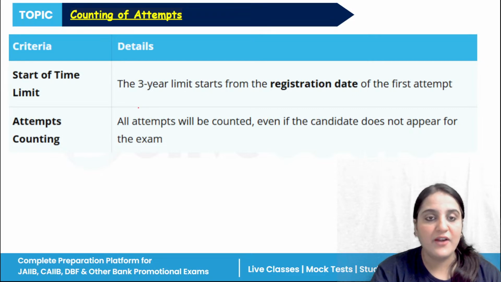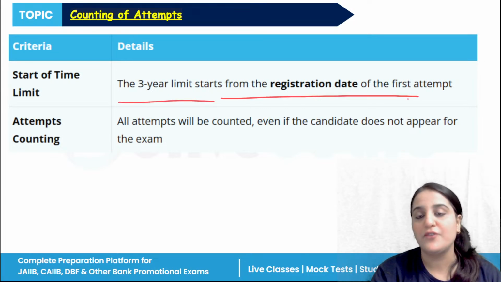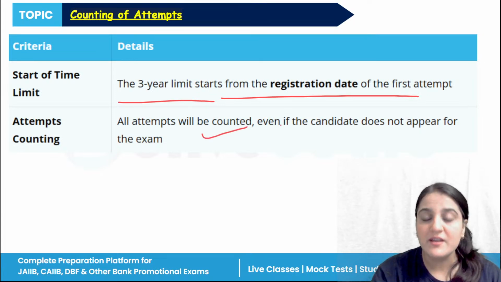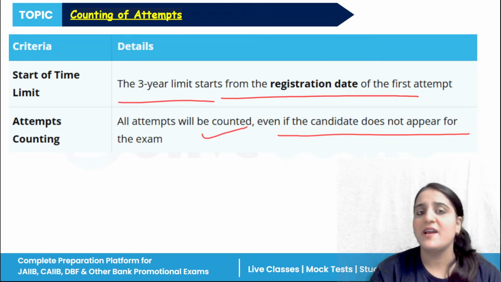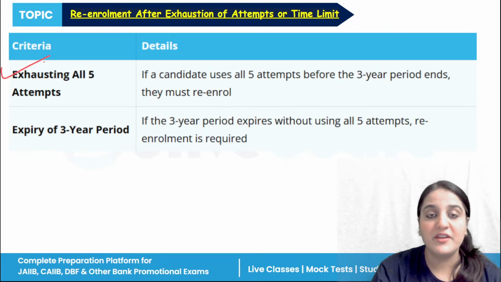Now, counting of attempts: the 3-year limit starts from the registration date of the first attempt, and all attempts will be counted if the candidate does not appear for the examination. Yes, I already told you about the re-enrollment.